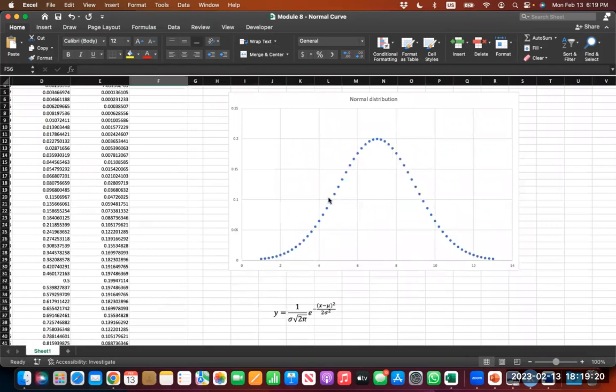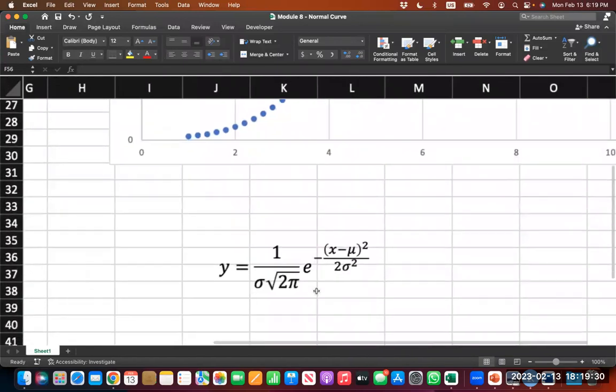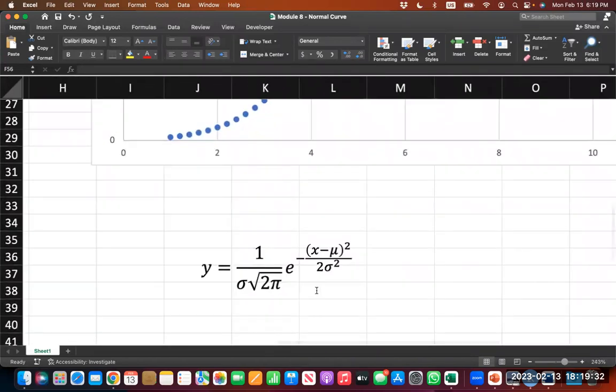And so here, this is what we have been labeling as the normal distribution curve, our frequency polygon that we have seen repeatedly. And this here is the function. So this is the mathematical function of the normal distribution curve.